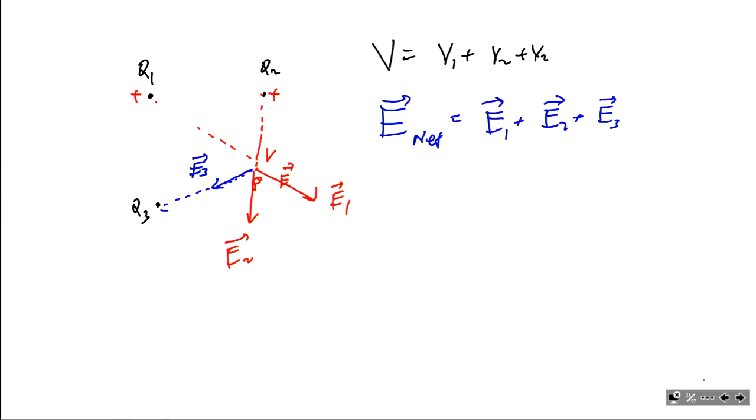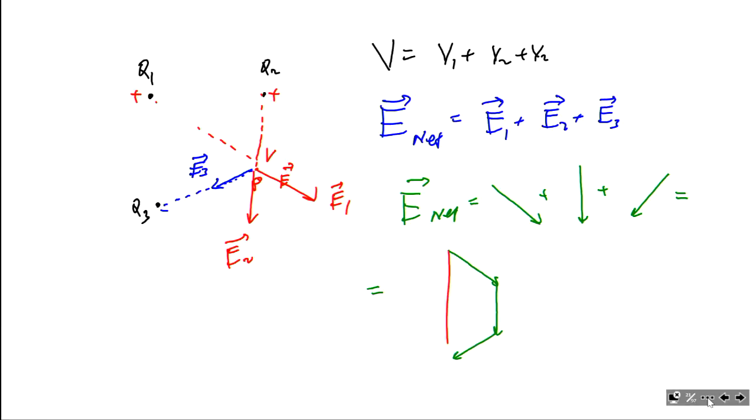And then the net electric field will be equal to this arrow plus this arrow plus this arrow, or maybe something like this. Numbers. Vectors.